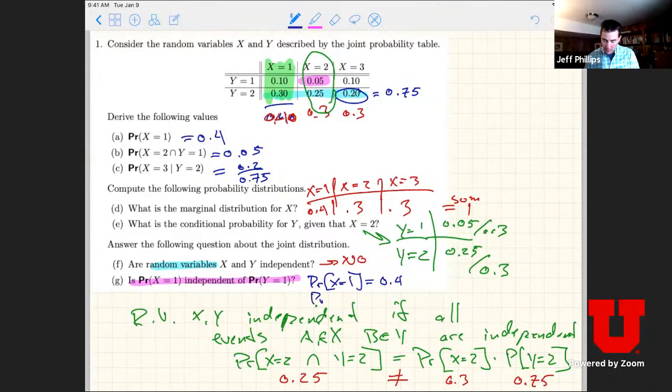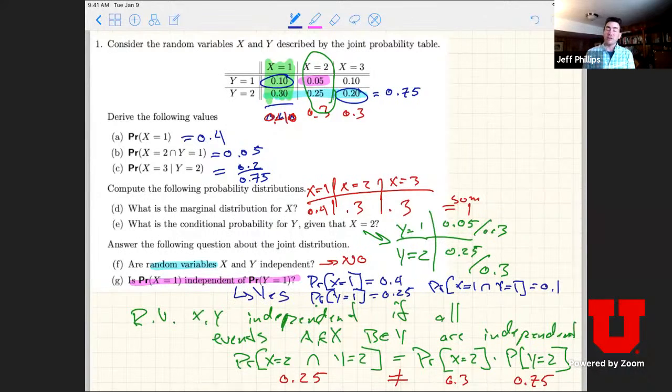The probability that y is equal to 1 is going to be 0.25. And the probability that x equals 1 and y equals 1 should be the product of these two things. That should be 0.1. And if we go and look, that's true. So the answer here is yes.